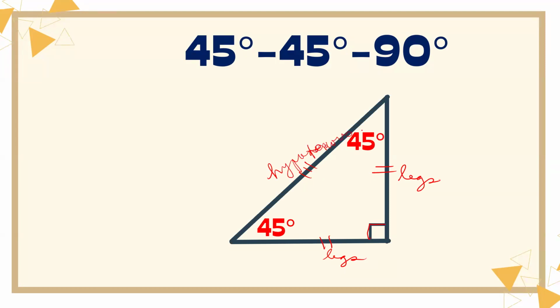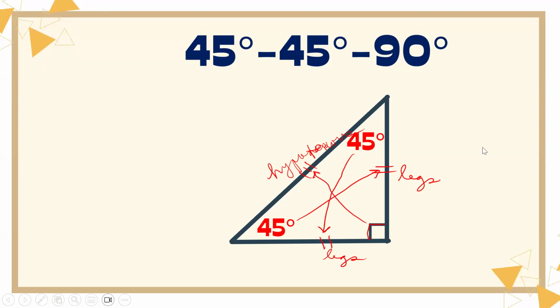Now, you notice that the 45-degree angle is opposite to one leg and the other 45-degree angle is opposite to the other leg. On the other hand, the 90-degree angle is opposite to the hypotenuse of the triangle.